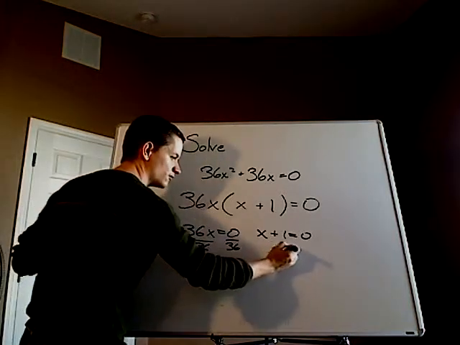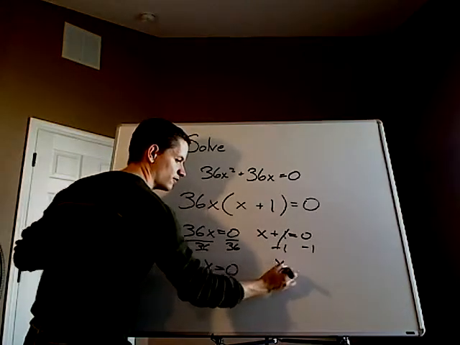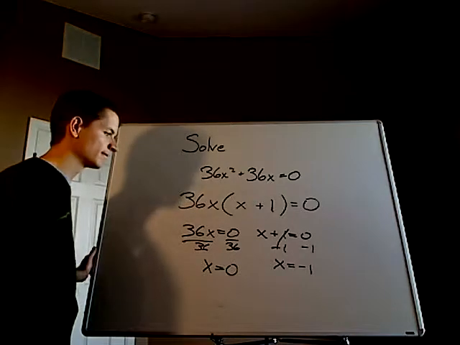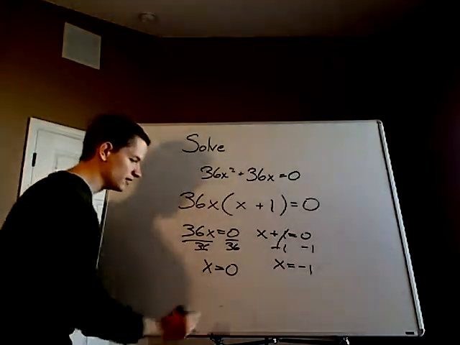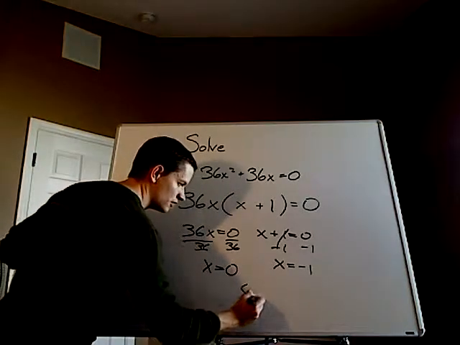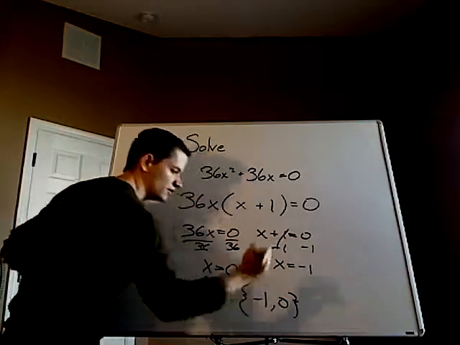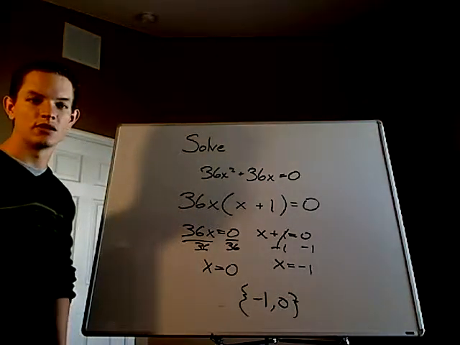And here, you subtract 1 from both sides. This cancels, so you're left with x equals -1. Right? It's really straightforward. And then your solutions would be -1 and 0. And you just put that in the set. And that's it. That's all you have to do.